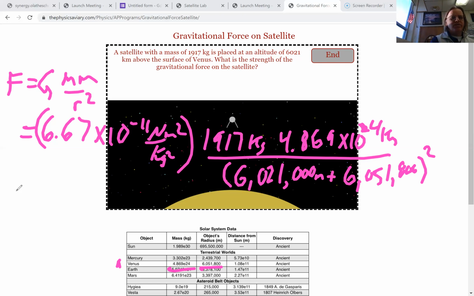So I can actually do this in one swoop of my calculator. I just have to be careful of my parentheses and my order.